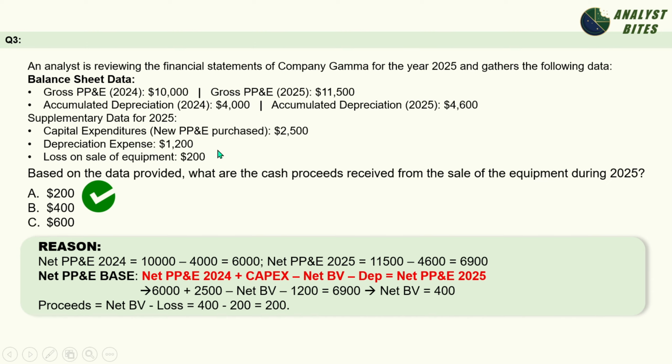It's not a clean metric. However, depreciation expense is a clean flow. It represents only the actual wear and tear for the current year. For our base formula to be accurate, we need that clean flow. So always stick to the annual depreciation expense.